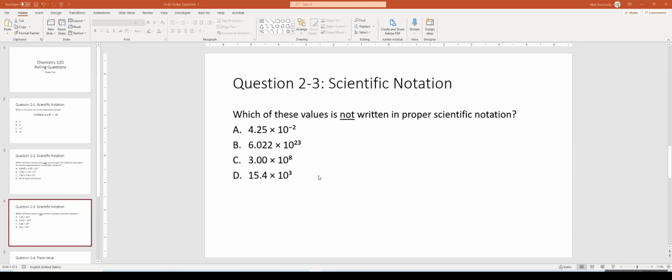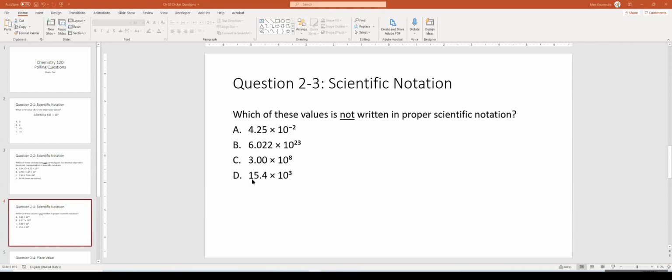The decimal place. Yeah, the decimal, remember, needs to be after the first number that's not 0. All of these are okay because the decimal is after the first number that's not 0: 4.25, 6.0, 3 point. So this should have been 1.54 times 10 to the 4th to be correct.